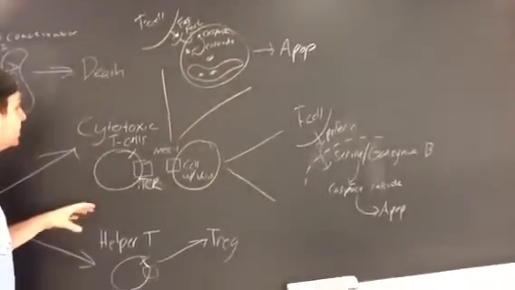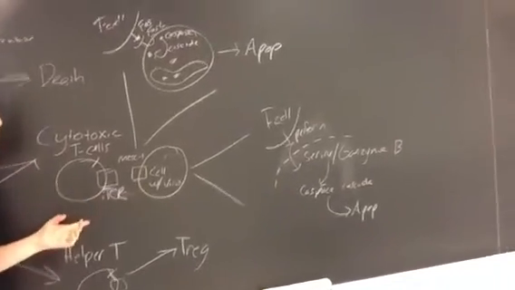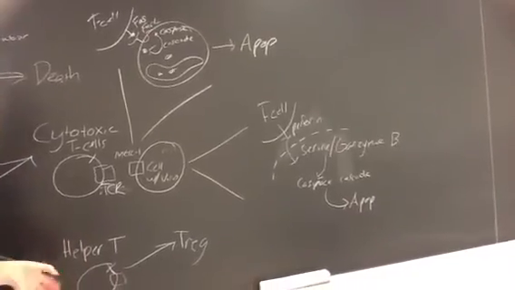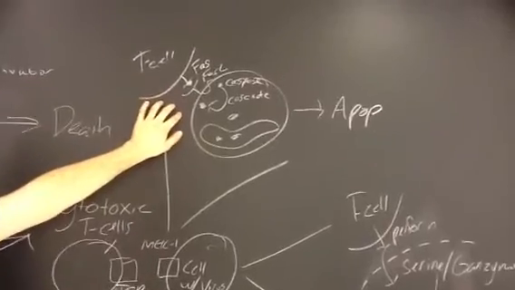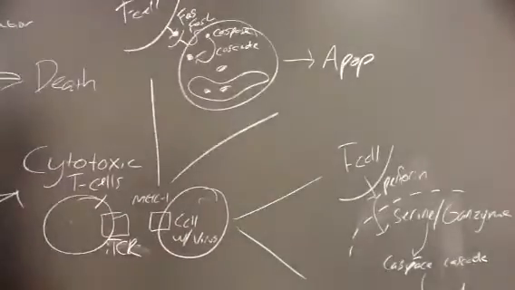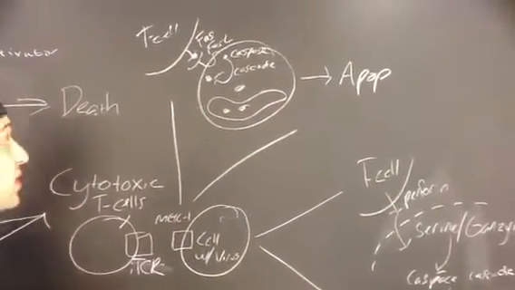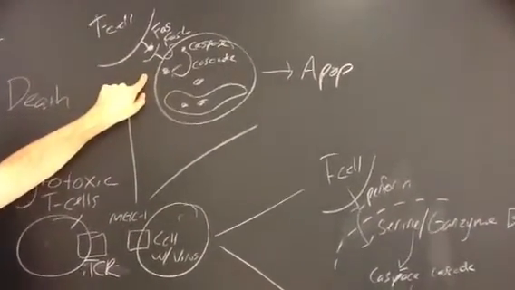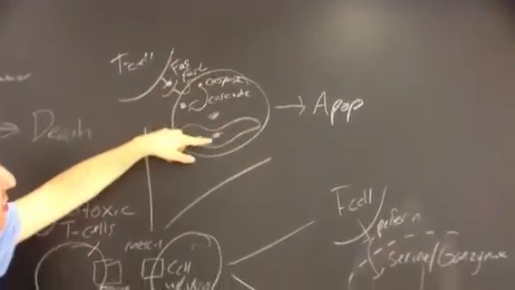So there's two different ways that the cytotoxic T cell interacts with the cell with the defect. Both ways cause apoptosis, but it has two methods to do this. The first method is there is a FAS ligand and a FAS receptor. So it's a FAS ligand that's attached to a transmembrane protein on the T cell, and that activates FAS, which is the receptor on all cell surfaces, and that causes a caspase cascade.